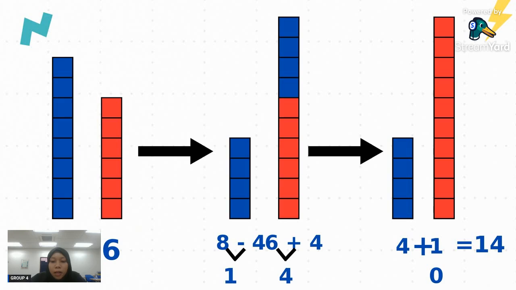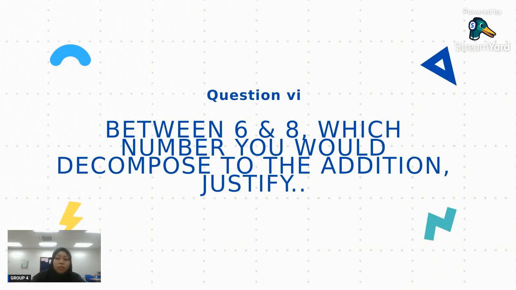So 6 plus 4 will get 10. And the result is 8 minus 4 will leave 4, and 6 plus 4 will get 10, and the total is 4 plus 10, we get 14.